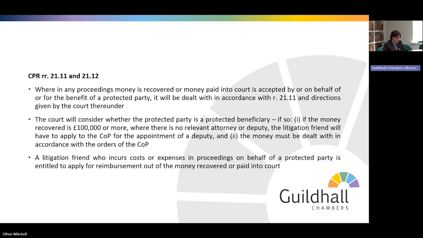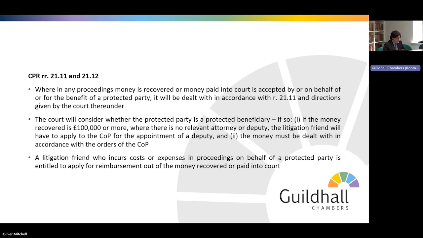If that is the case, if they are a protected beneficiary, then if the money recovered is £100,000 or more, where there is no relevant attorney or deputy to deal with it, the litigation friend will have to apply to the Court of Protection for the appointment of a deputy, and the money must then be dealt with in accordance with the orders of the Court of Protection.